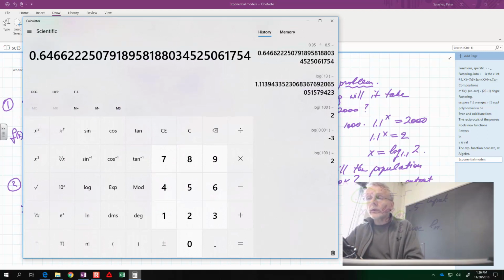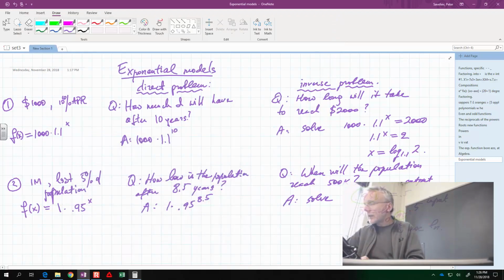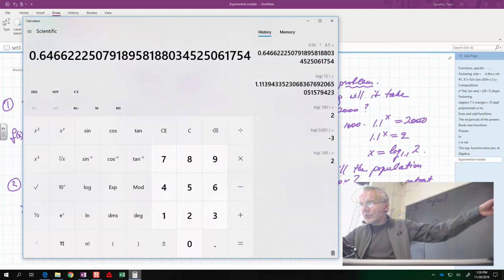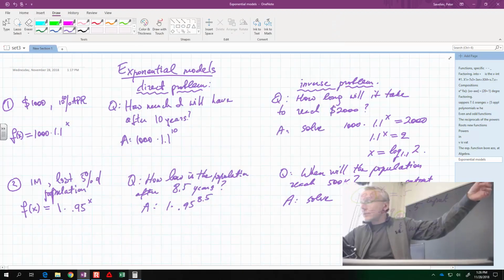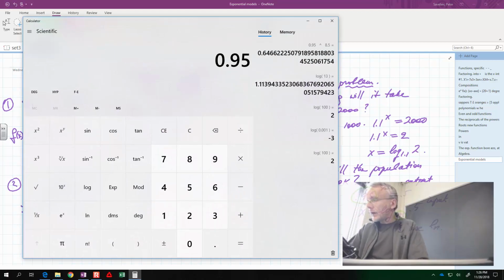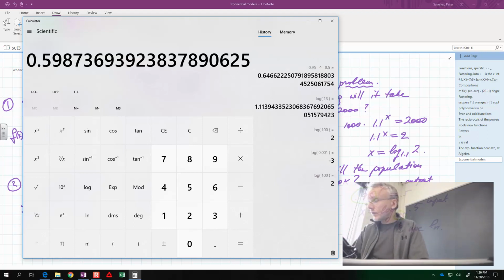In fact, I could do trial and error to find out roughly how long it will take to reach 0.5. After 8.5 years, the population has reached 0.64, so I need to wait a little bit more, maybe 10 years. So 0.95 to the power of 10, maybe. Sounds reasonable?